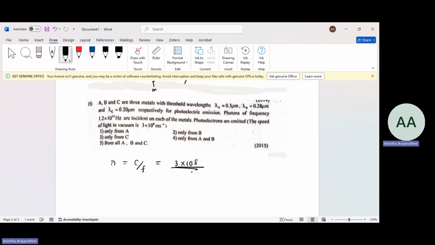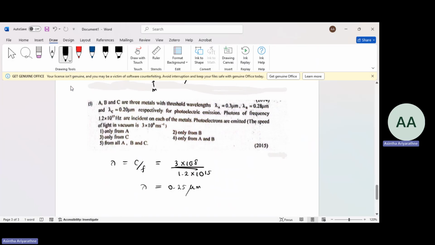This gives 2.5, in micro, 0.25 micrometers, the lambda of the photon.